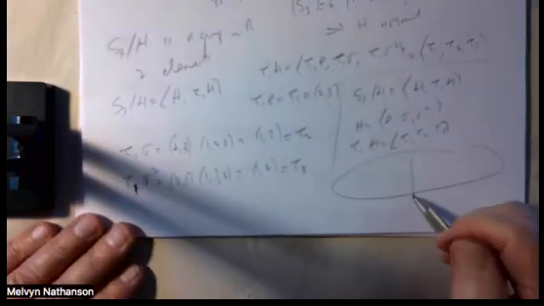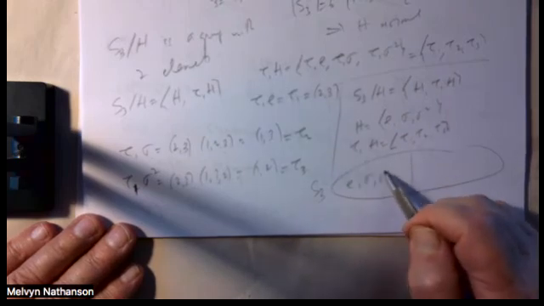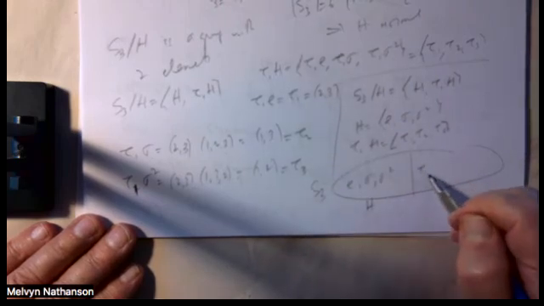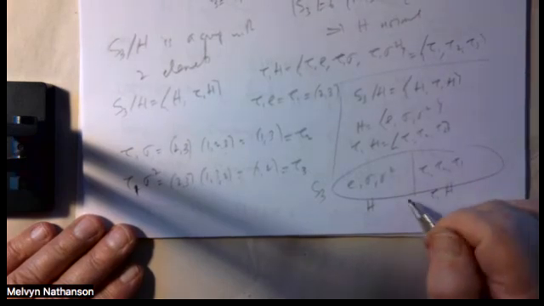So if we look at the group S3, I have E, sigma and sigma squared. That's in one left coset, H, and tau 1, tau 2, tau 3. That's in the other left coset. So S3 mod H has two elements. This set is one element. This set is the other element.